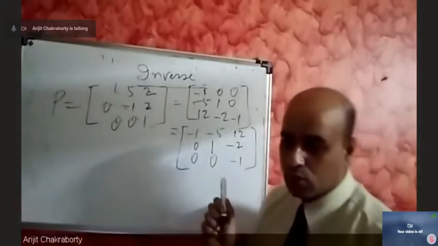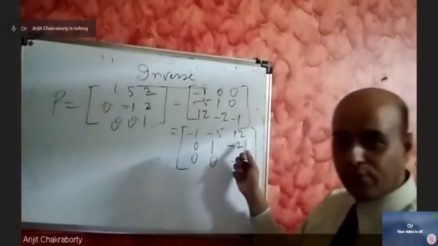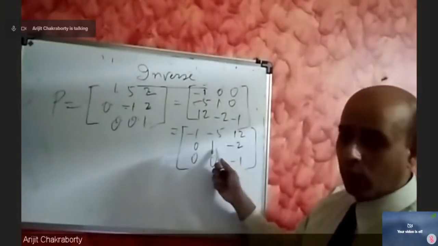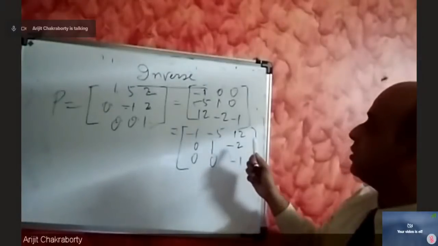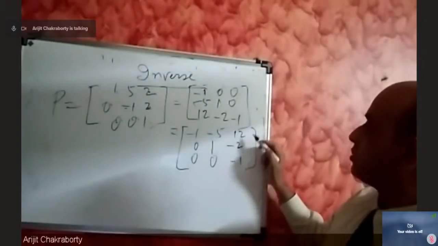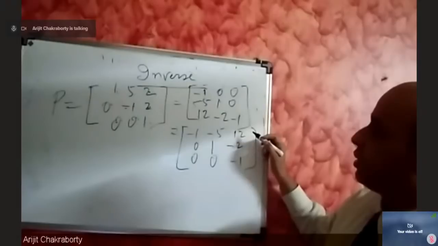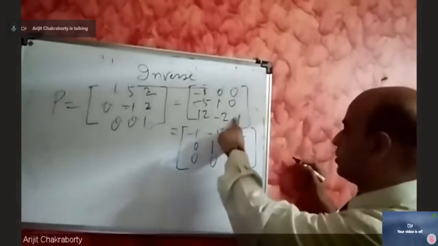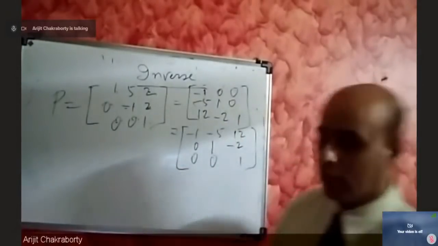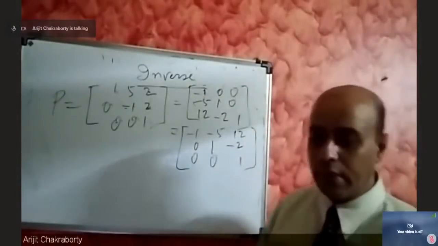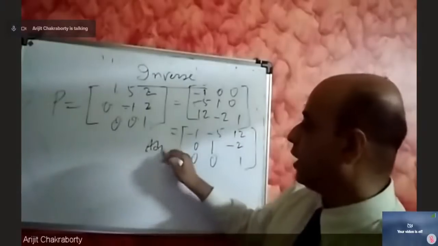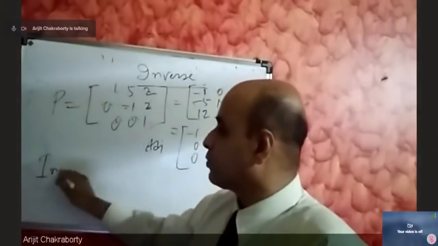So it is minus 1, minus 5, 12, 0, 1, minus 2 and 0, 0, 1. A mistake somewhere, minus 2 goes up, minus 1. No, this 1 is going to stay, I think. Positive 1. Okay. So this becomes your adjoint matrix.